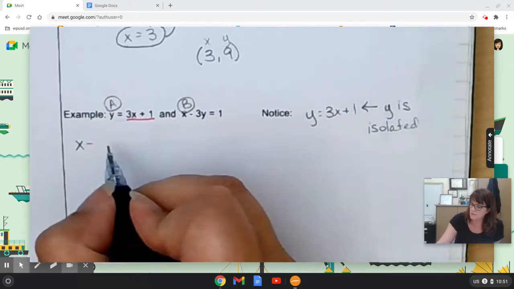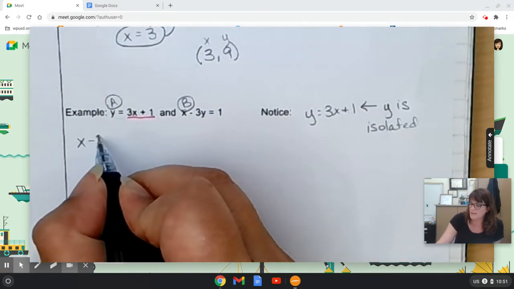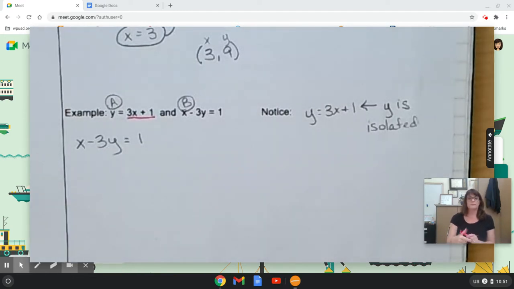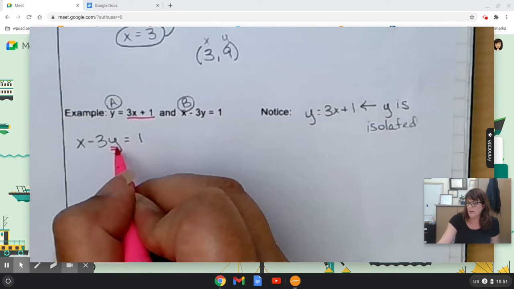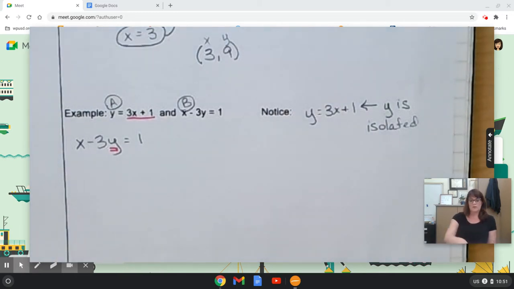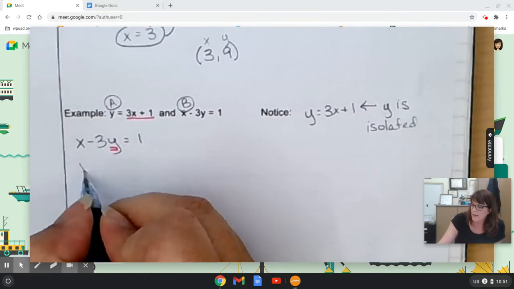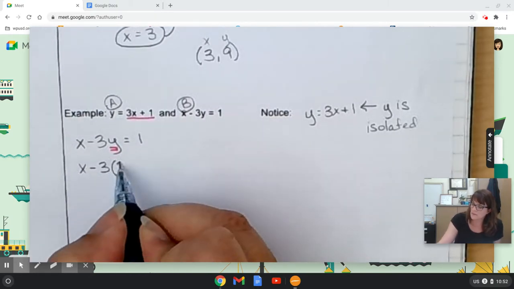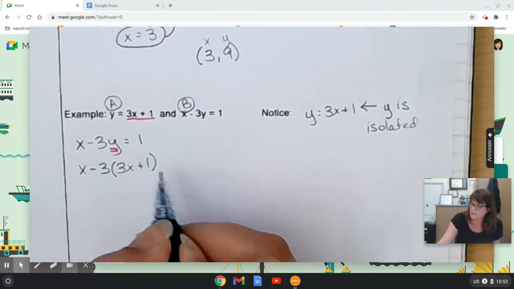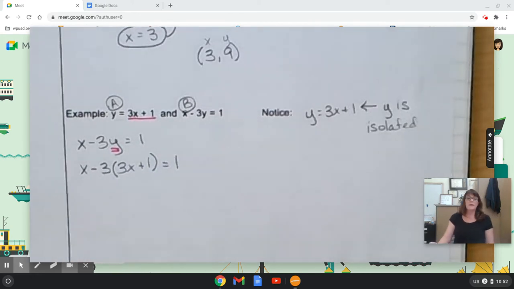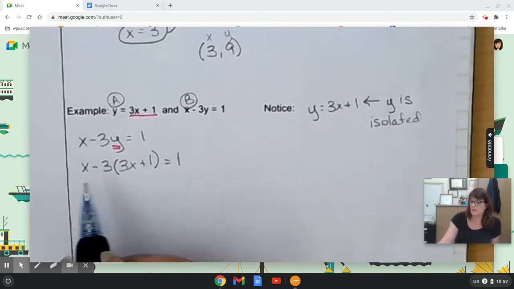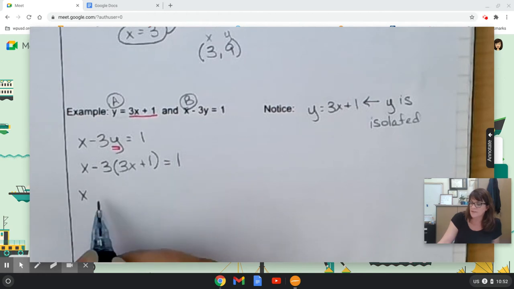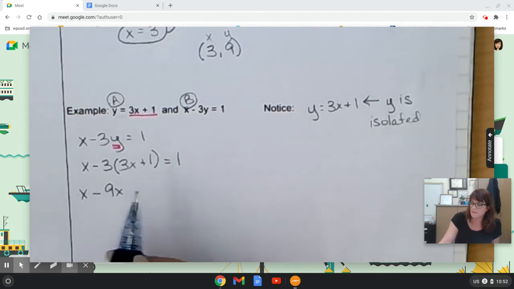x minus 3y equals 1. We know what y equals. So x minus 3 times (3x plus 1) equals 1. Now, you're going to have to use the distributive property. Negative 3 times 3x is negative 9x.